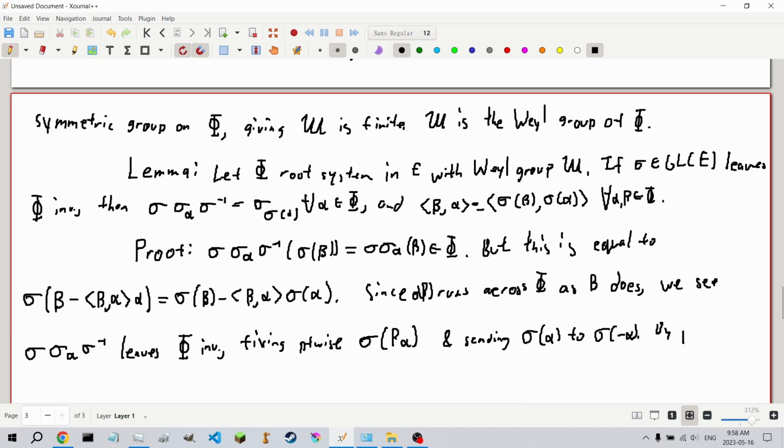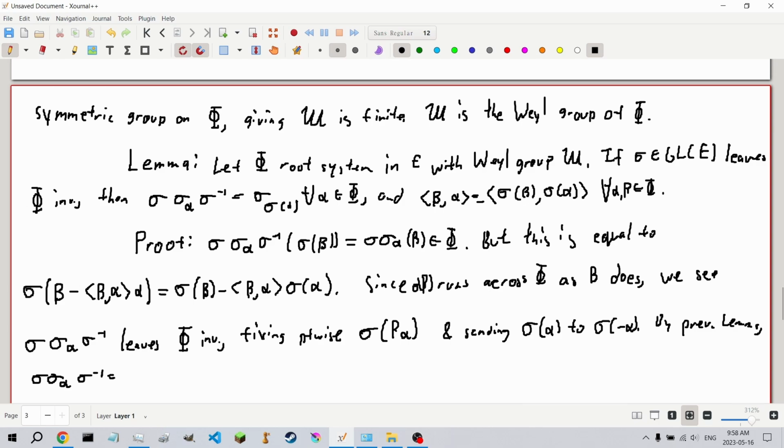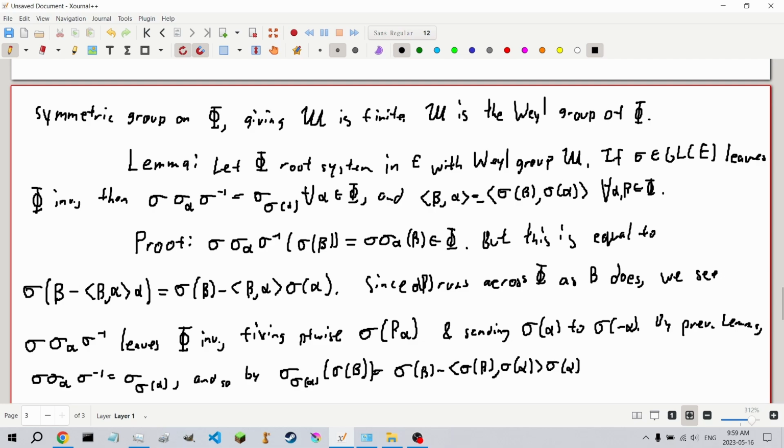By a previous lemma, sigma sigma_alpha sigma inverse is equal to sigma_{sigma alpha}, and so sigma_{sigma alpha} of sigma beta is equal to sigma beta minus the bracket of sigma beta and sigma alpha multiplying sigma alpha. We are done.